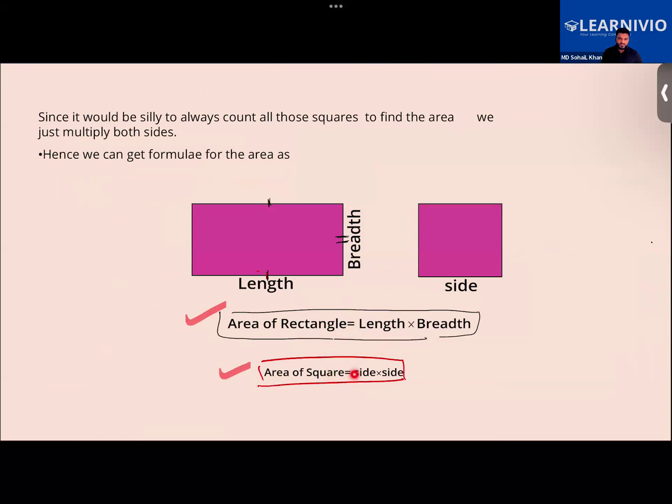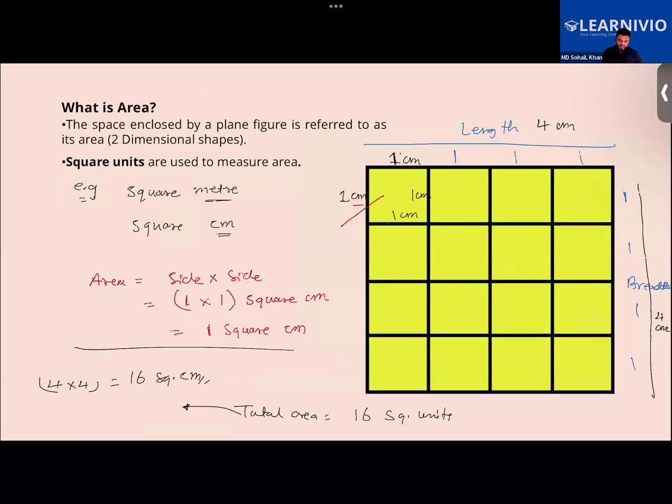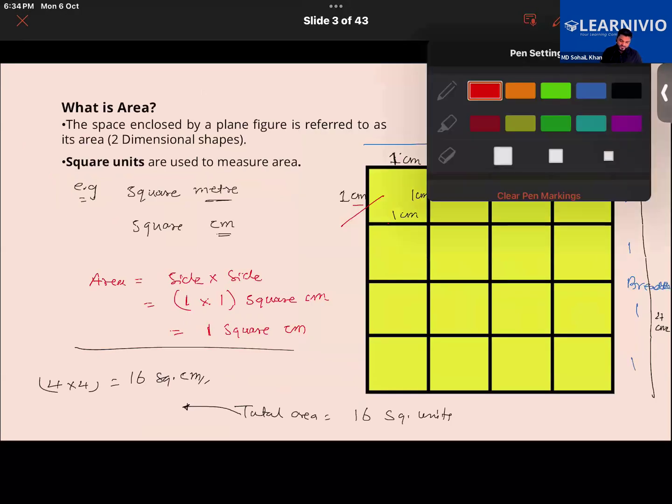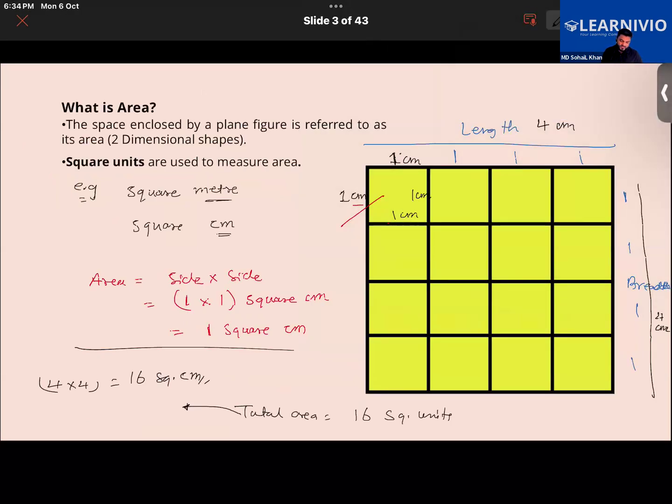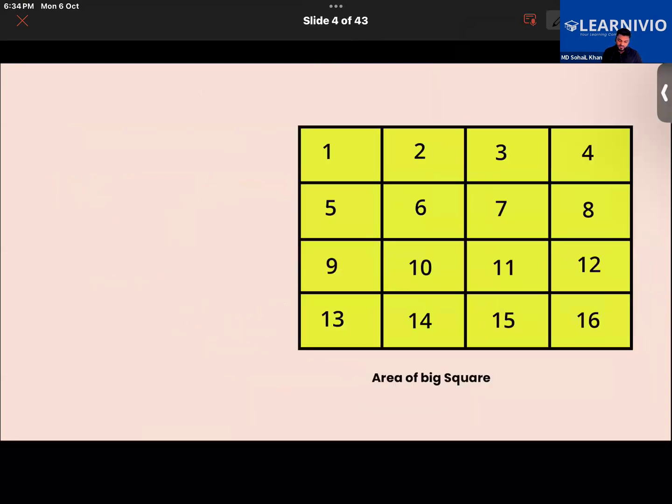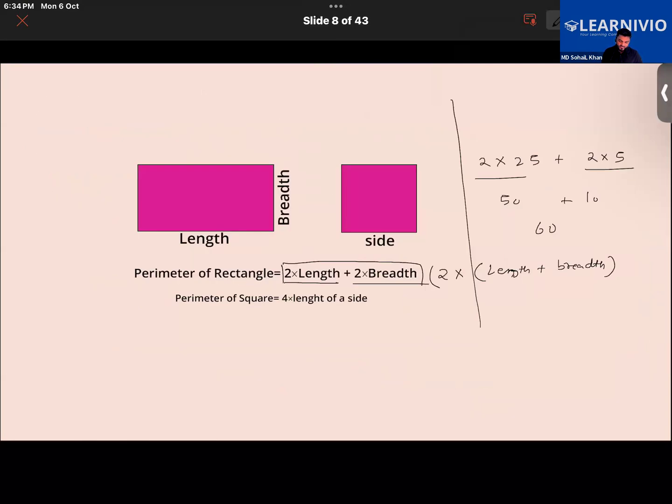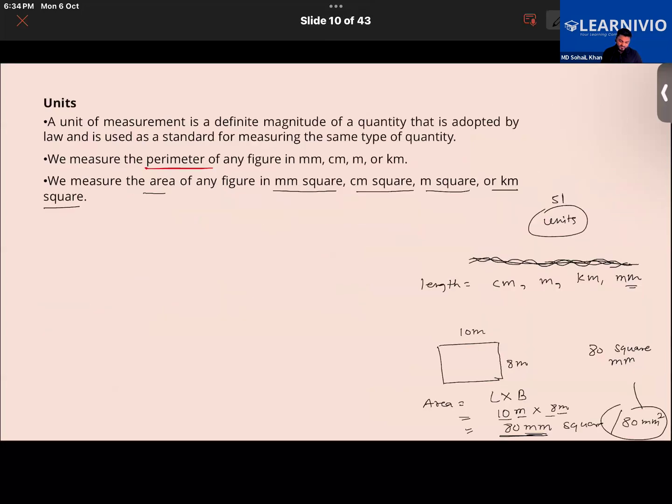For a square, it's simply side multiplied by side. Area is always measured in square units, so the unit could be square millimeter, square centimeter, square meter, or square kilometer.